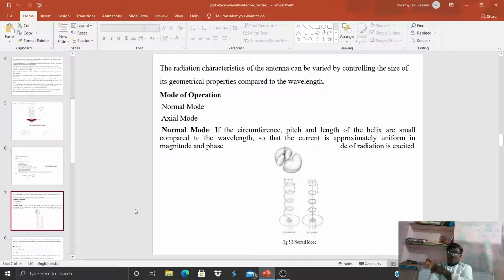So this is how the helical antenna structure is explained.